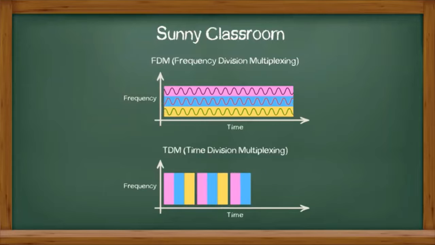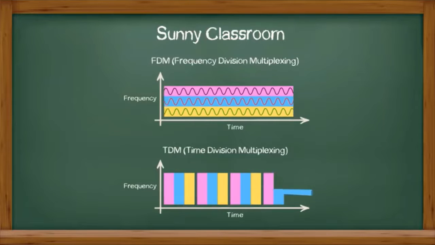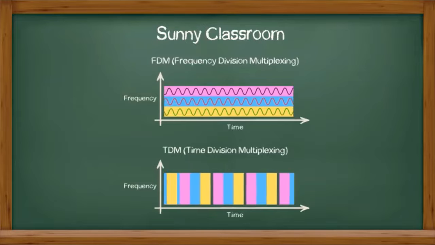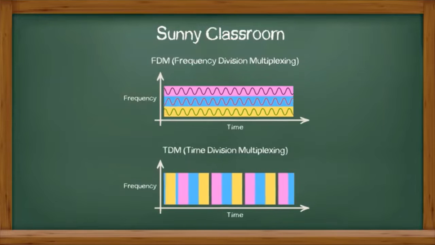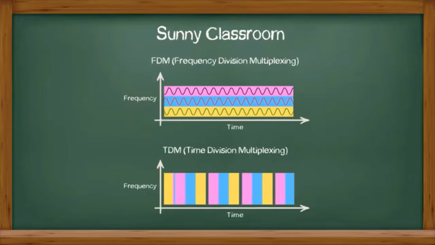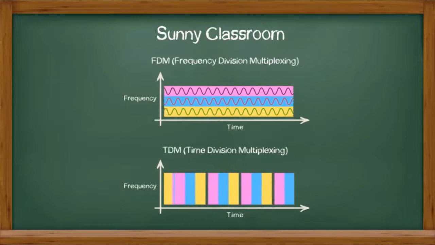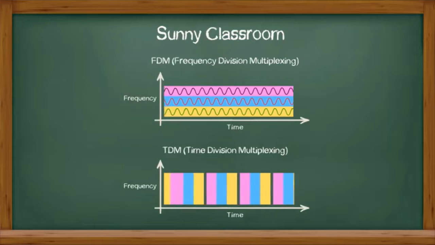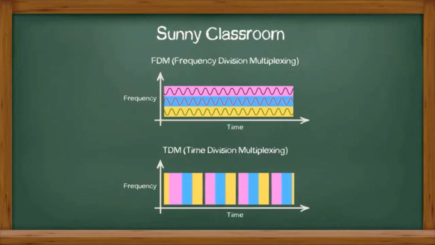TDM divides time into slots or intervals and assigns them equally to these users. In this way, everyone has an equal share. In general, a baseband system transmits less data than a broadband system.